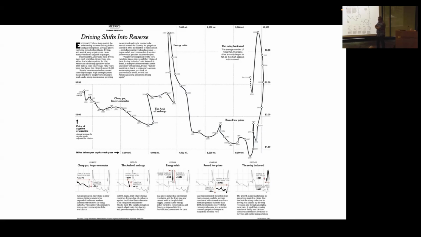It's not a time series. So these lines reflect two different values over time. So you can follow the history of these two different values. So this is miles driven, gas prices, and they're over time and your eye sort of follows it. So there is a linear story, but sometimes it goes back to time.